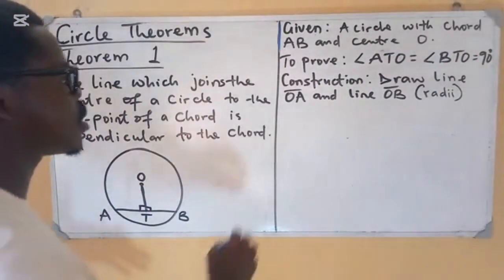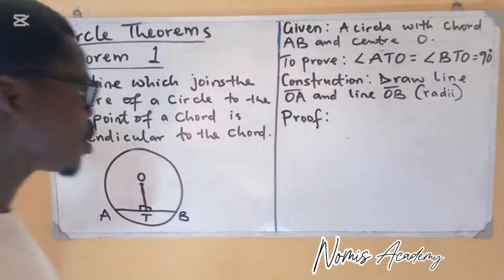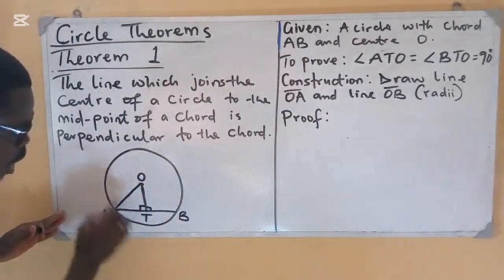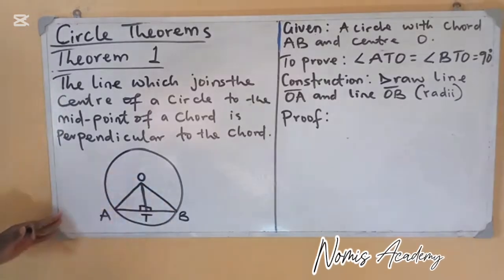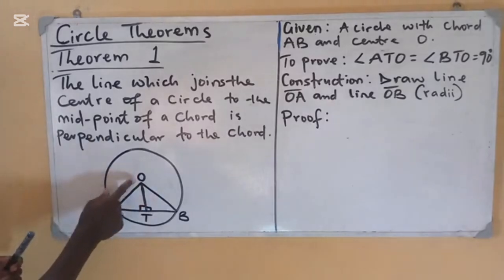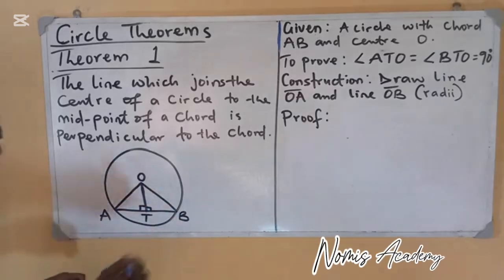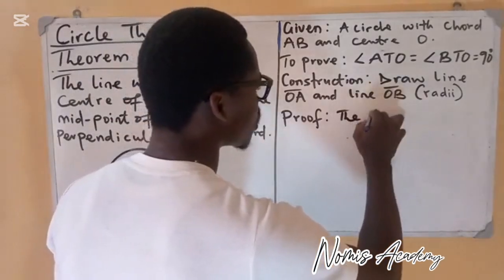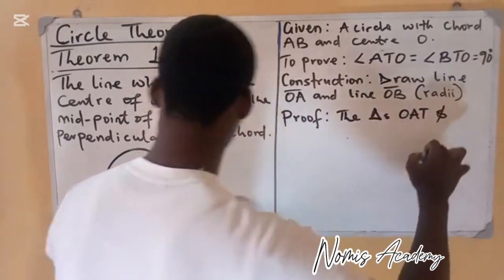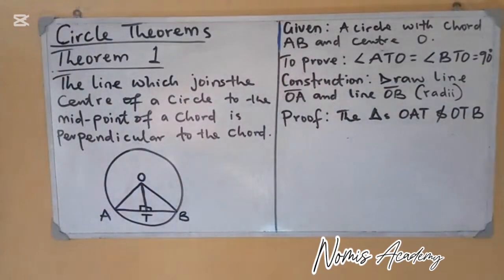All right, so the next thing is to prove. So when you do that, you join O to A and join O to B. Okay, so you can see we have two triangles in the cycle. We have triangle OAT and triangle OTB. Two triangles. So the triangles OAT and OTB. So let's consider these two triangles.